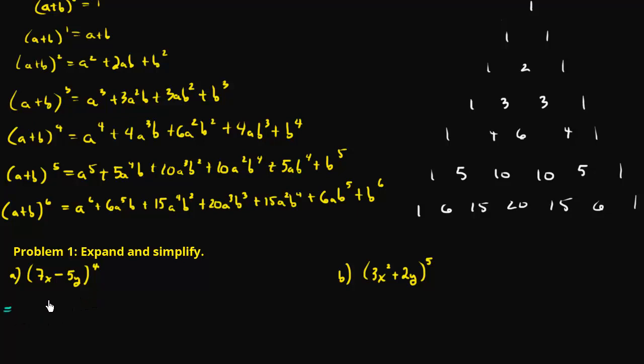From there, I can think about this as 7x plus negative 5y, all to the power of 4.